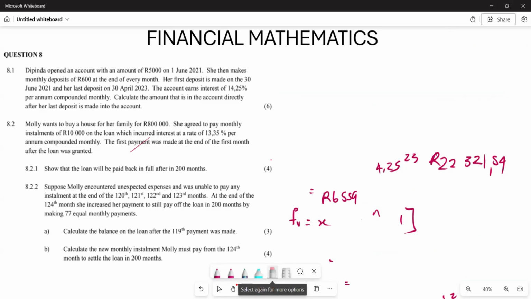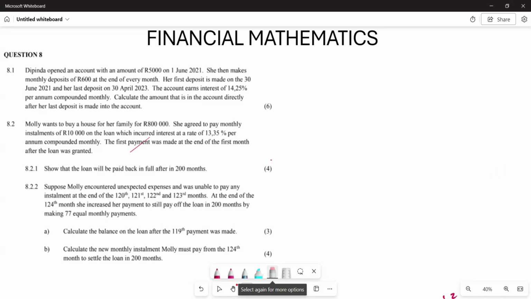Doing now 8.2. Molly wants to buy a house for her family for 800,000, right? She agreed to pay a monthly installment of 10,000 on the loan, which is incurred with an interest of 13.35% per annum, compounded monthly.